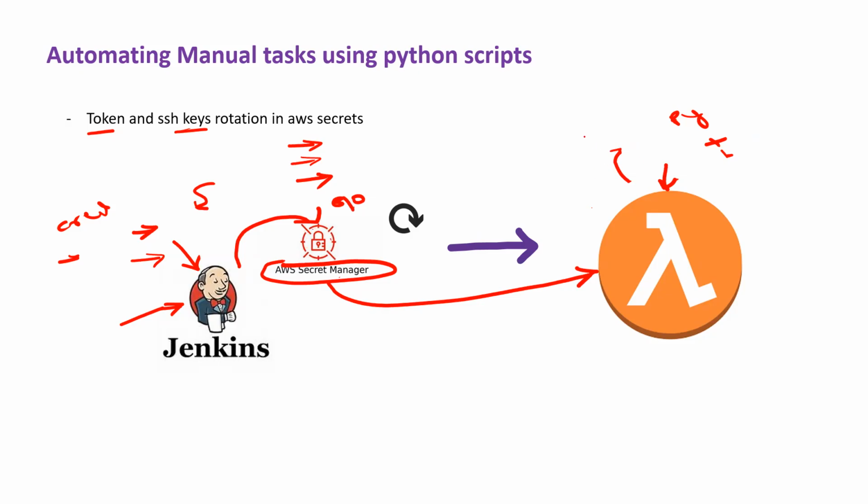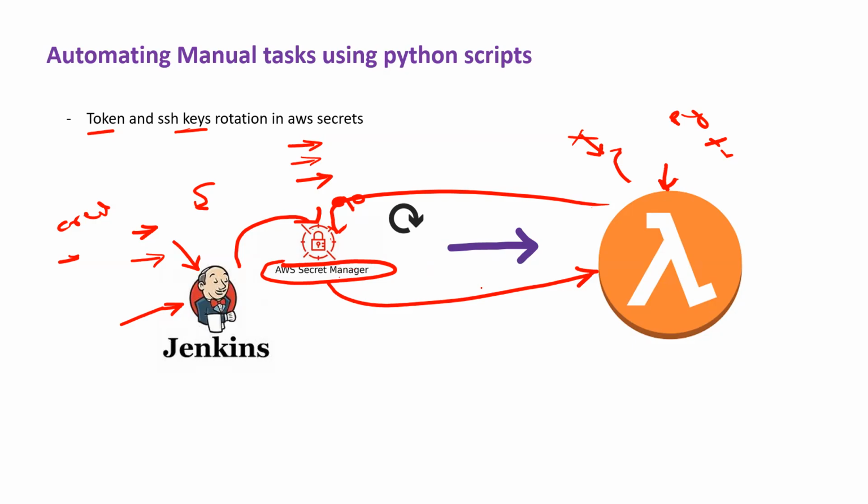Before updating back, it will execute some tests, and only if that test is successful will it update it. If this test fails, then whatever the previous value is, it will stay with that only, and the rotation will be retried after some time.